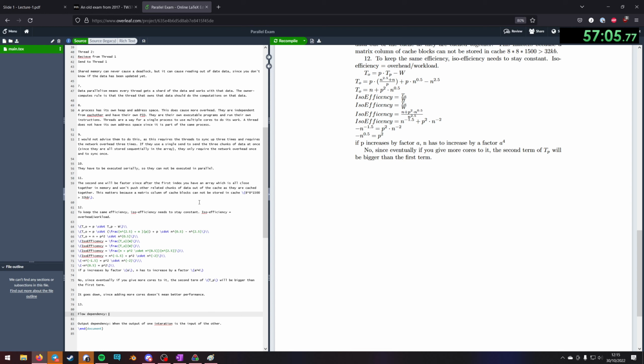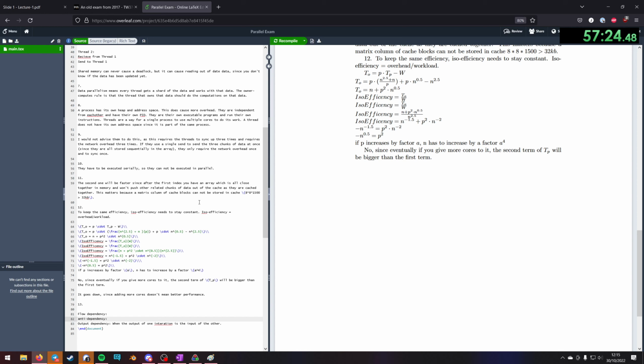Then anti-dependency is what you get when you have a loop and you parallelize it, and the last bit of one loop overrides the other bit.